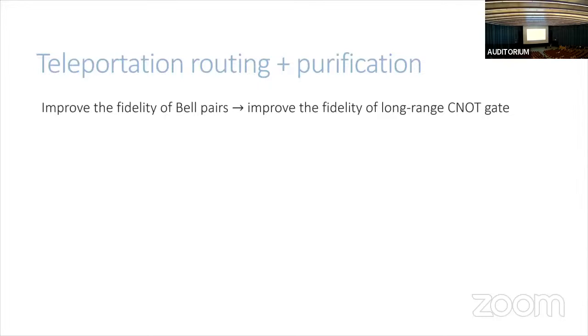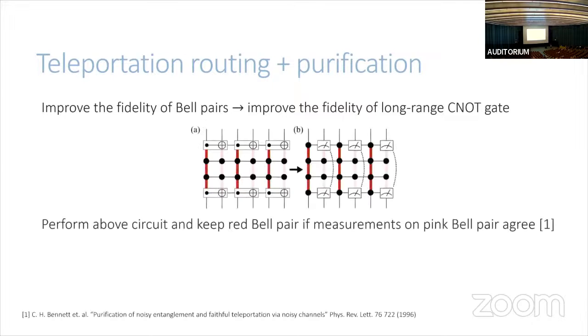So what you can do is purify the Bell pairs used in these CNOT teleportations. And if you do this, then you get higher fidelity CNOT gates, which might give you good enough performance to see a threshold or see better error correction.